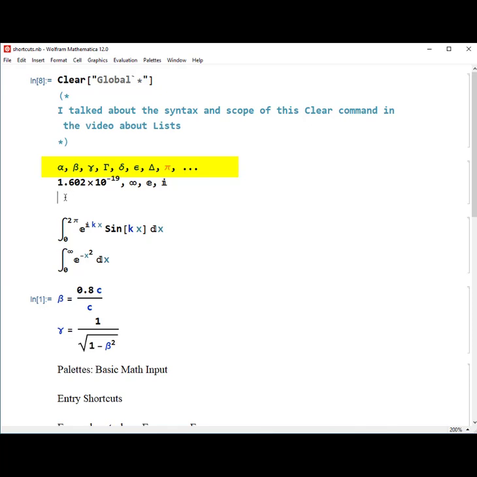You can write exponential notation in exactly the way that it's written: 1.602 times 10 to the minus 19 is the example I have here. Mathematica understands the concept of infinity, so you can use the infinity symbol, the Euler's number E, the imaginary number I. It understands all of those, and you can put those in as those quantities in expressions.